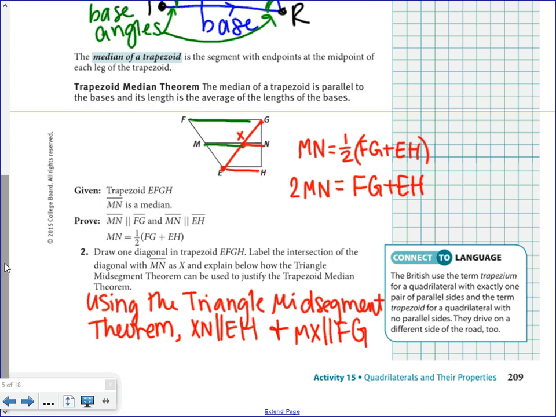And that's because we have two different triangles here, where XN is the mid-segment of that blue triangle, and then MX is the mid-segment of the green triangle. And so if XN is parallel to EH, that means that MN is parallel to EH, which is what we were trying to prove here.